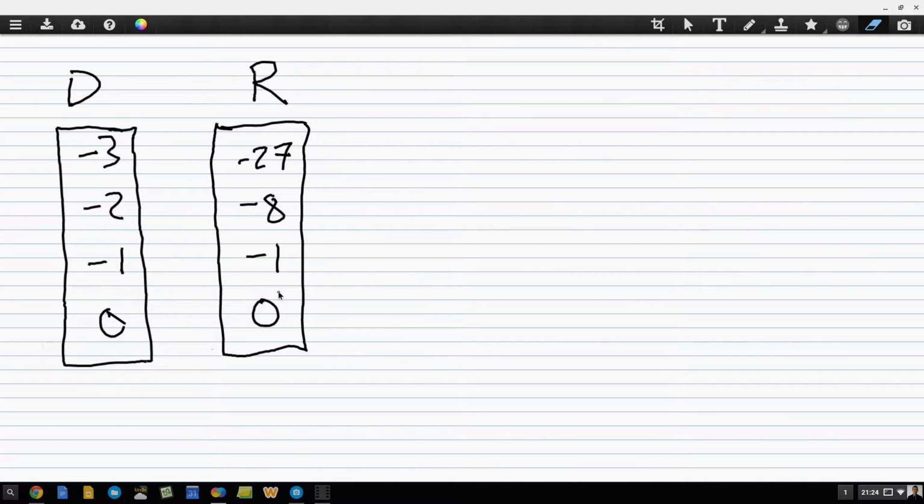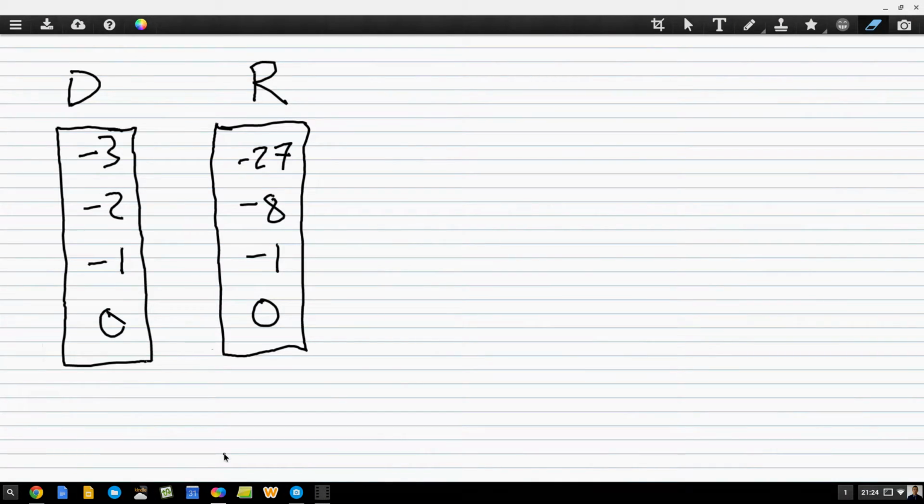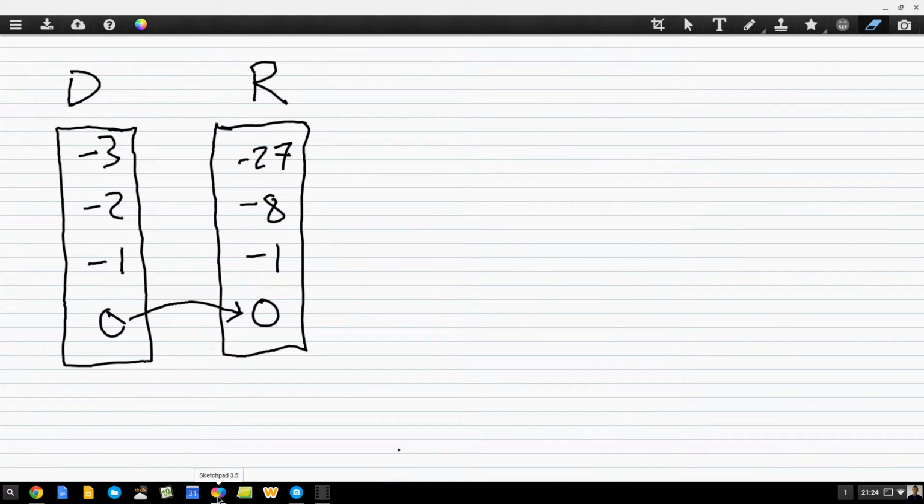Okay. So now the question is, what goes where? So 0 goes to 0. So we have 0 here goes to 0. And then what's next? So next, we have -1 goes to -1. Okay, so -1 here goes to -1 here.